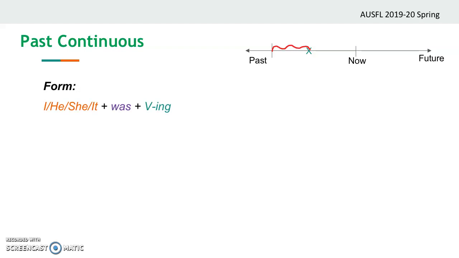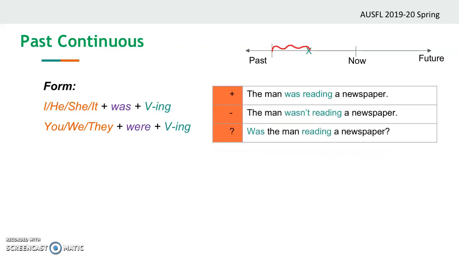With the subjects I, he, she, and it, we use was plus verb ing. And with the subjects you, we, and they, we use were and then verb ing. Again, in the table, you will see an example sentence in the past continuous in affirmative, negative, and question forms.